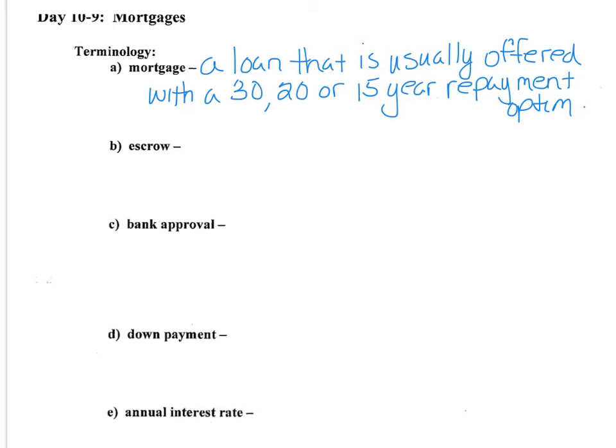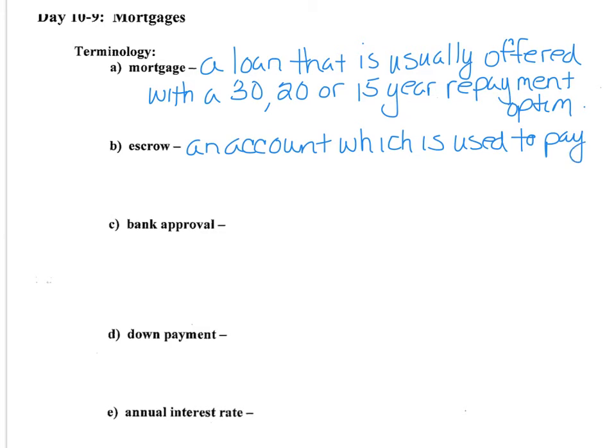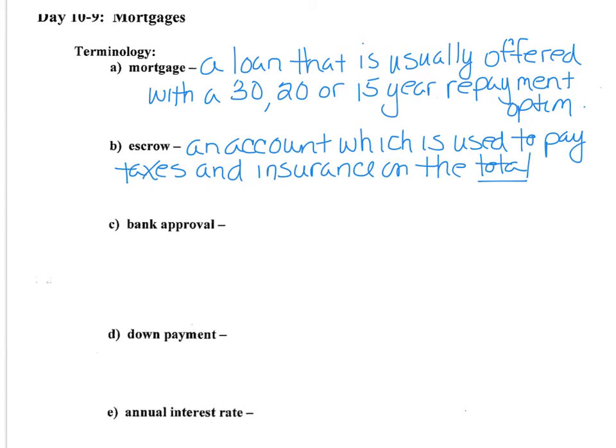Okay, the next word is called escrow. Escrow is an account, so it's an account which is used to pay taxes and insurance on the total, and let's underline the word total because it's important here, cost of the house.